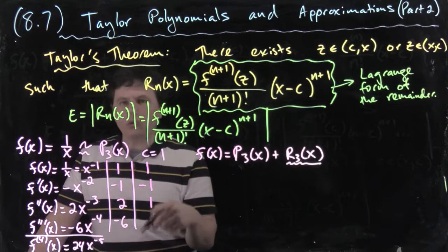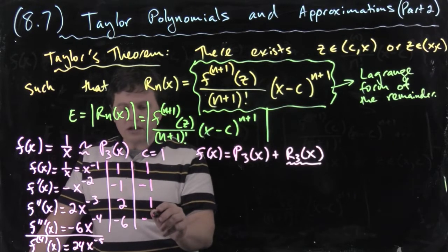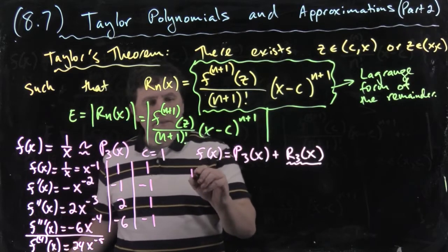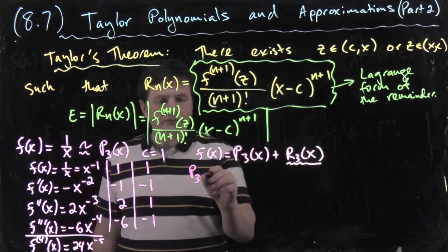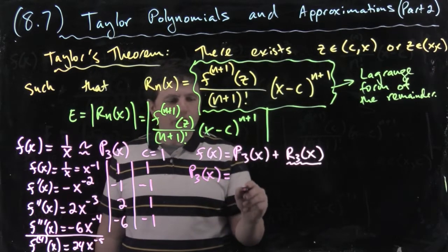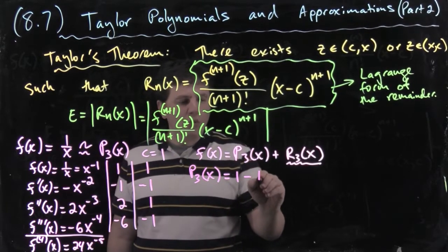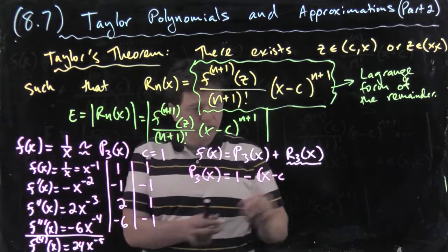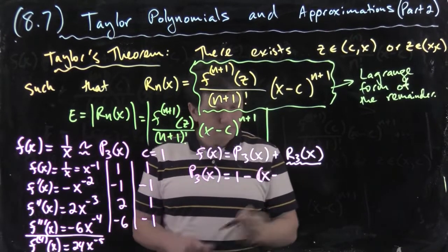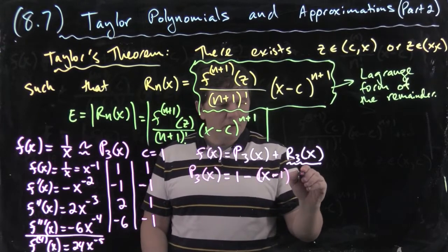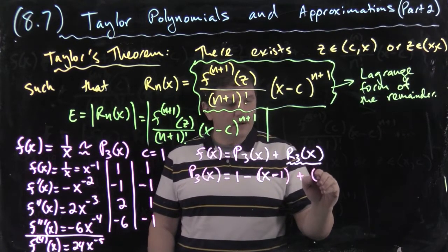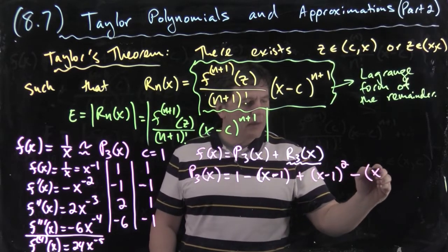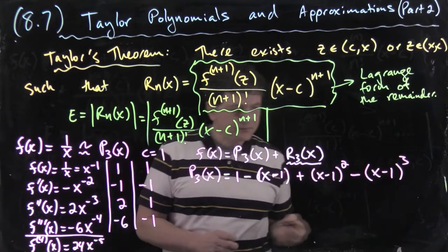By 3 factorial, 6, we get negative 1. So we see this nice pattern. My p sub 3 of x is equal to 1 minus 1 times x minus 1, plus 1 times x minus 1 squared, minus x minus 1 to the third.